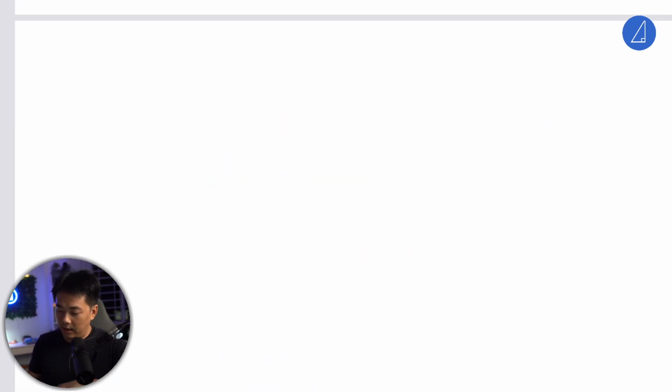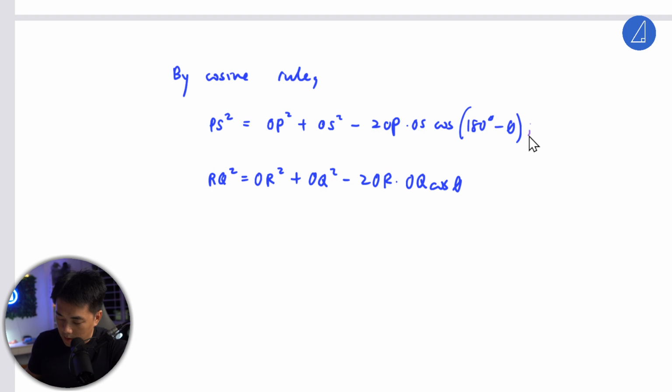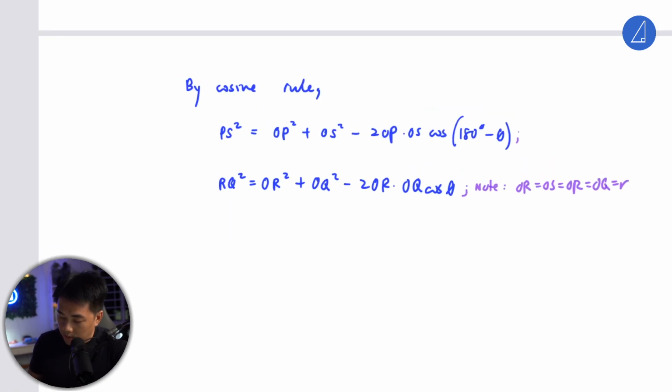Done. Now take note. We know that OP equals OS equals OR equals OQ, which is equal to R, the radius. And also cosine 180 minus theta. There are many ways to get this. Firstly, you can think that theta is an acute angle, so 180 minus theta is in the second quadrant.